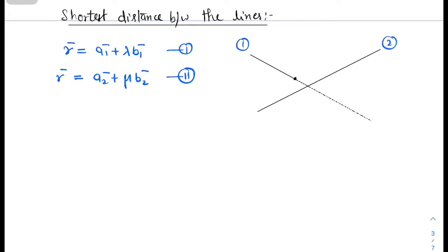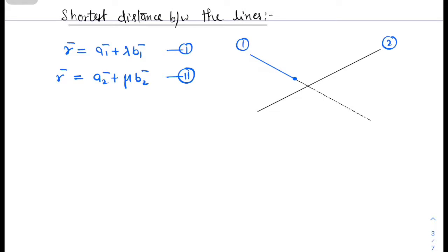I have drawn it by considering that these two lines are not intersecting. Okay, so line 1 comes like this and it goes inside the screen after that. So these are basically skew lines, but the shortest distance formula can be applied to any type of line, we will see.